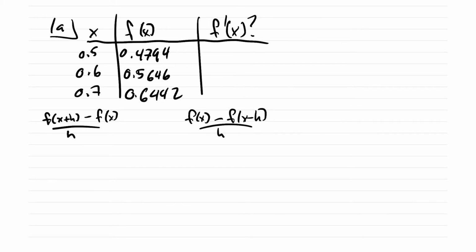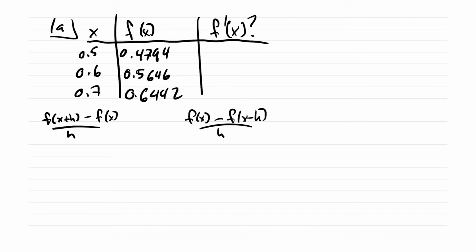Now, for this point, it doesn't matter which one you use. You can use either one of them, and ultimately you should really just use the symmetric difference. But for this one, it does matter, because we can't use this formula because there is no x minus h. We don't have a value at 0.4. So we have to use the forward difference. And for this one, we have to use the backwards difference because we don't know what the value for 0.8 is. And so then that's what we're going to do.